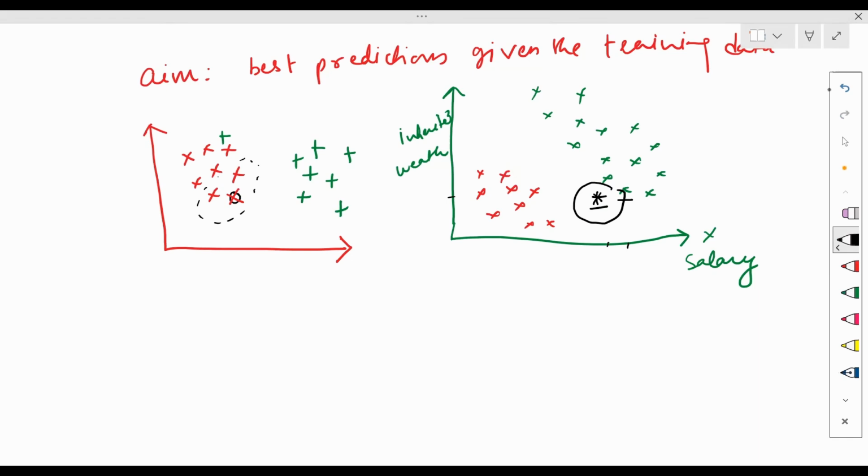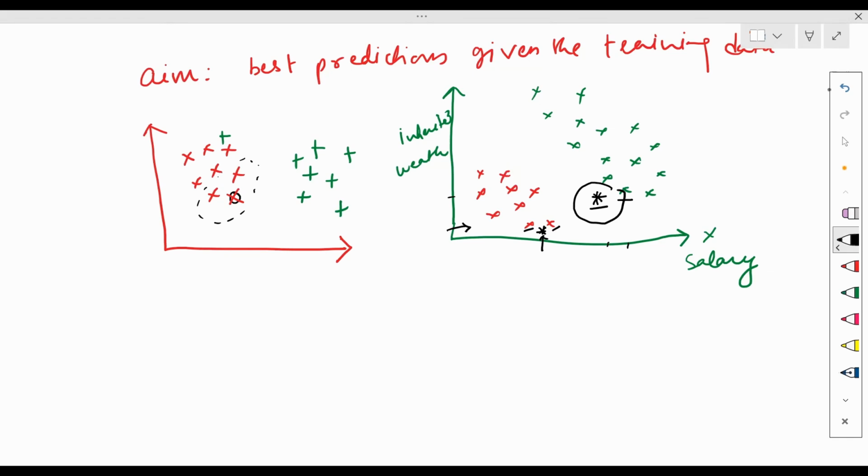While if we have some point here, we will look for the similarity with the neighboring points. Now we can see that this person also has a low salary. This person also has a salary in the range of this new point's salary, and the inherited wealth is also in the same range. So this person is not likely to buy a house in the upcoming year.